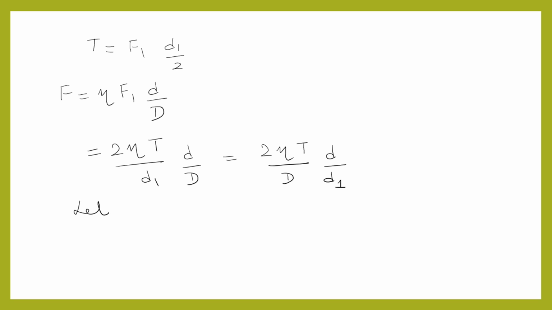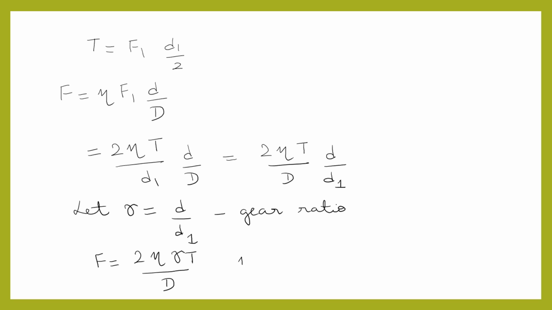Let gamma be equal to D by D1, which is the gear ratio. Therefore, we have F equal to 2 eta gamma T by D, where eta is the efficiency of transmission.